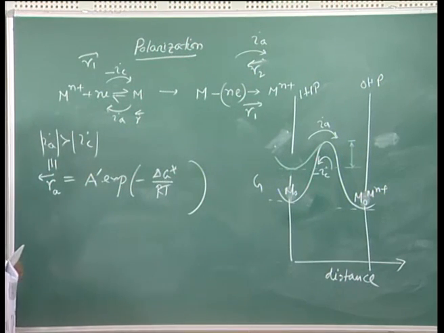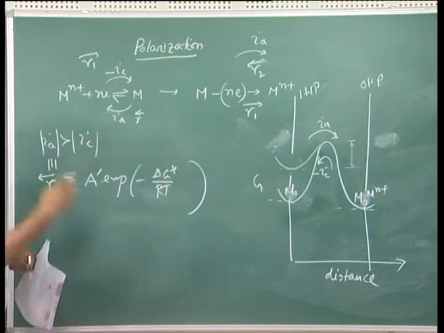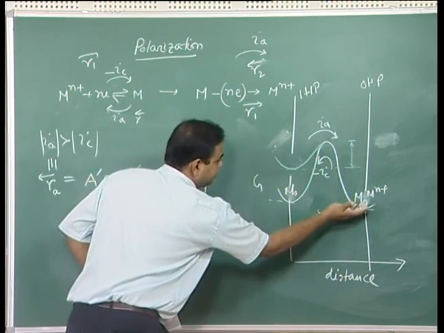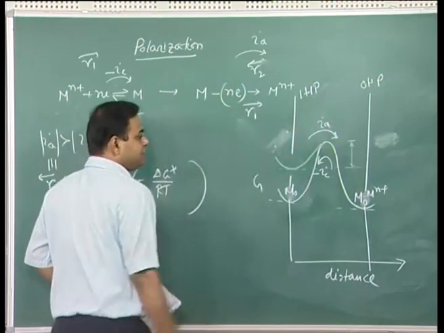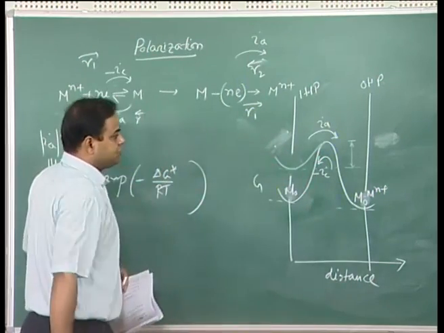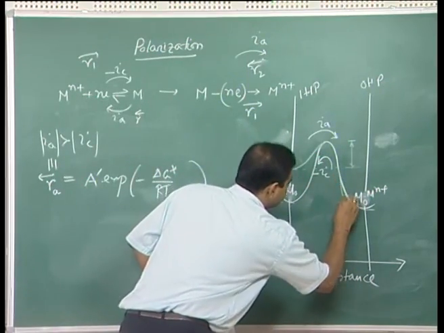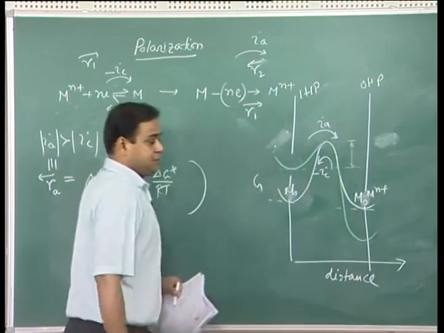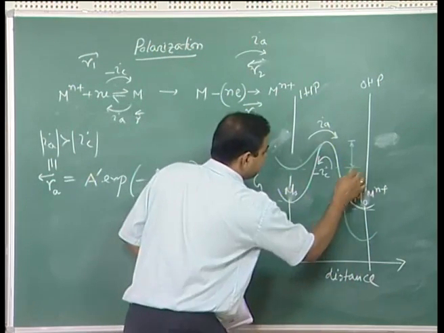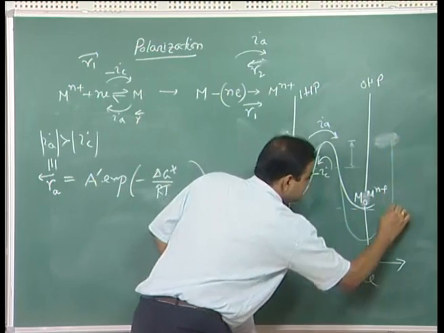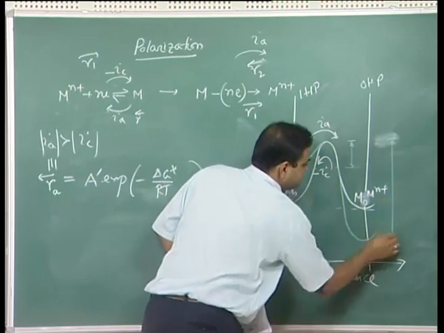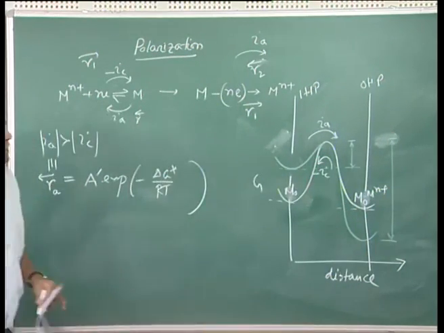for the forward reaction. Similarly, I should see that the barrier for the reverse reaction, that means this one, should topple and this barrier should increase. So, my distribution of the curve would be like this. In that case my barrier for the reverse reaction, or the IC, would increase.